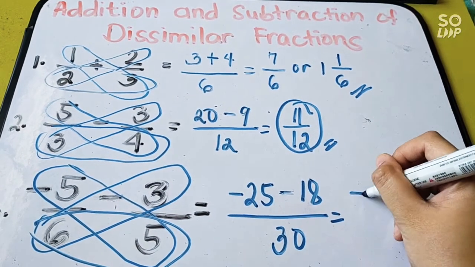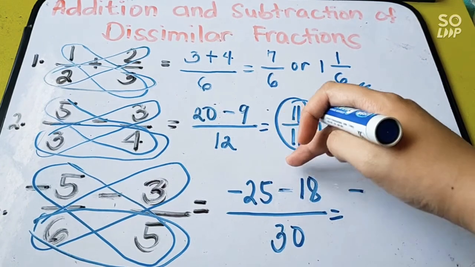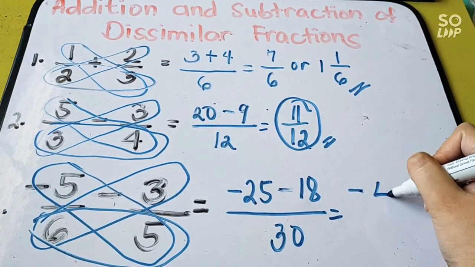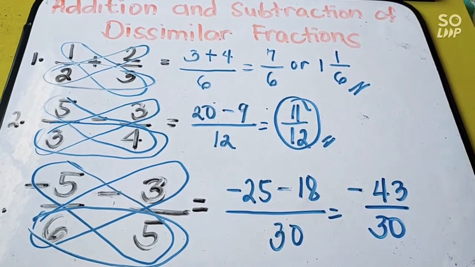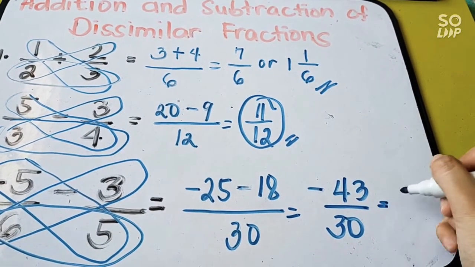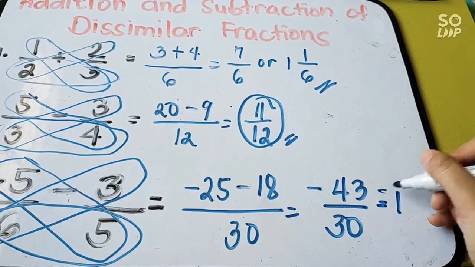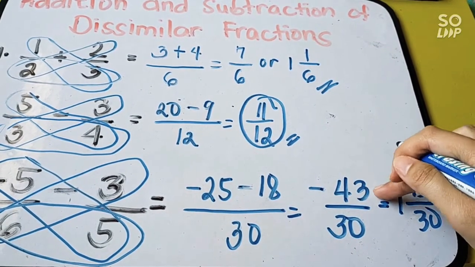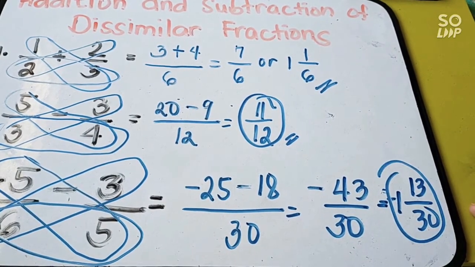Ang sign natin is negative, then you are going to add 25 plus 18. So the answer is 43 over 30. Or you may change it into a mixed number. So the answer is negative 1 and 13 over 30. Yan. So, this is now your answer.